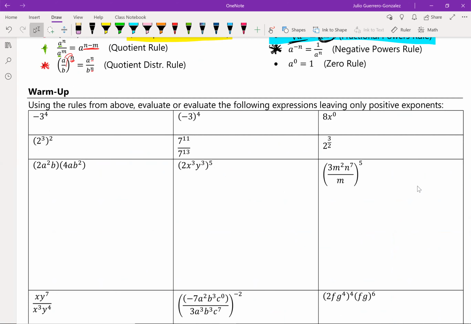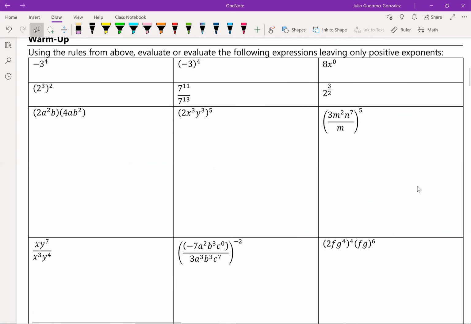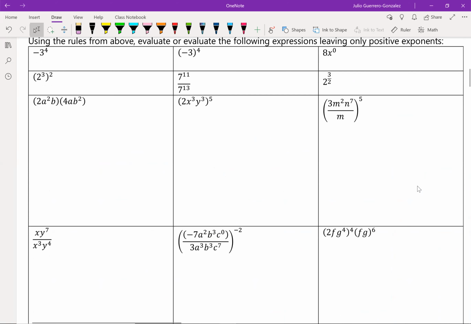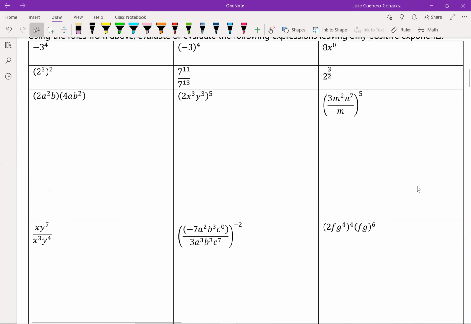But we'll see. All right, so I want you guys to go through as many of these as possible, and I'll answer some questions as we go. Are we solving them or just saying what rule it is? Solve it out. Try to reduce it down to as little exponents as possible.